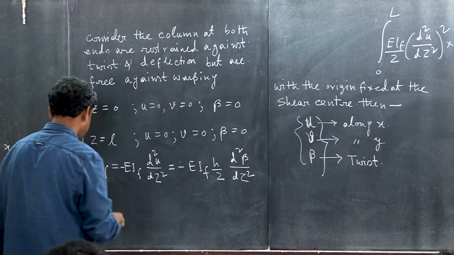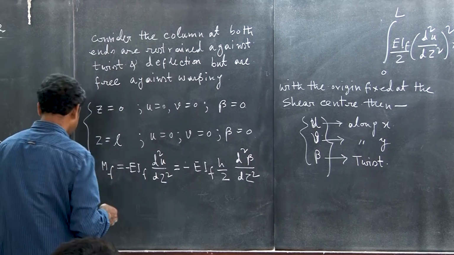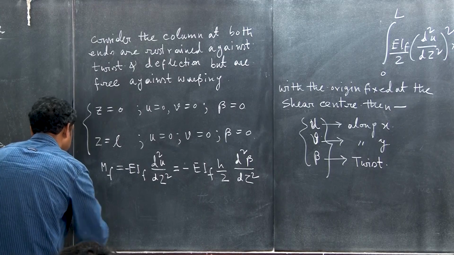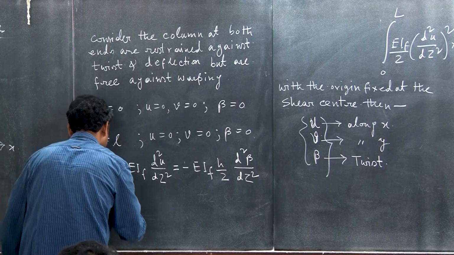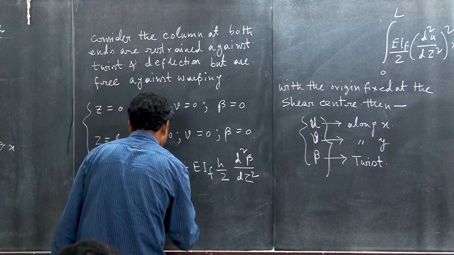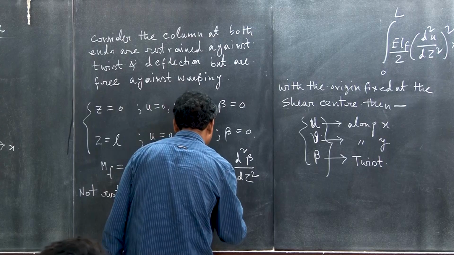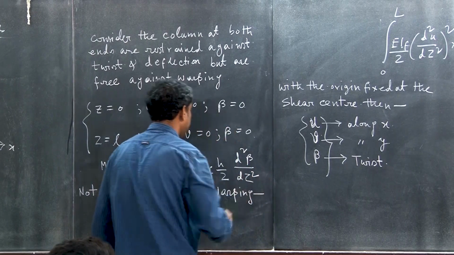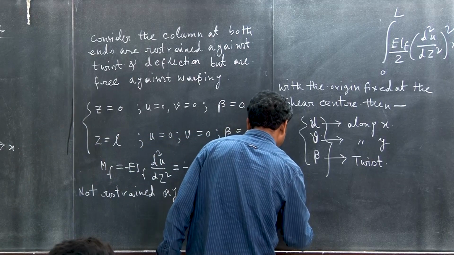So, when I am saying that it is not restrained against warping, that means MF must be 0.